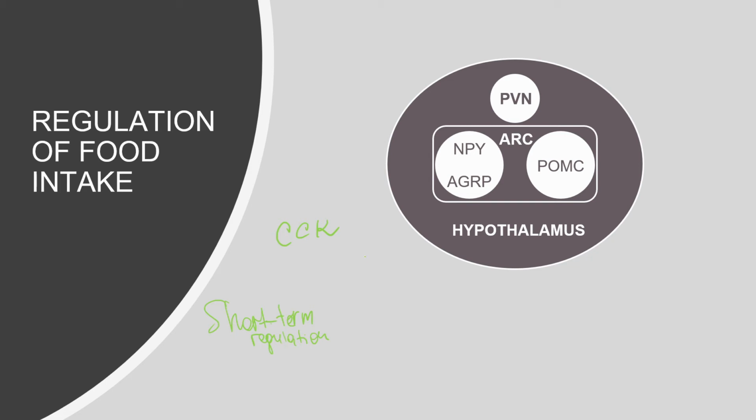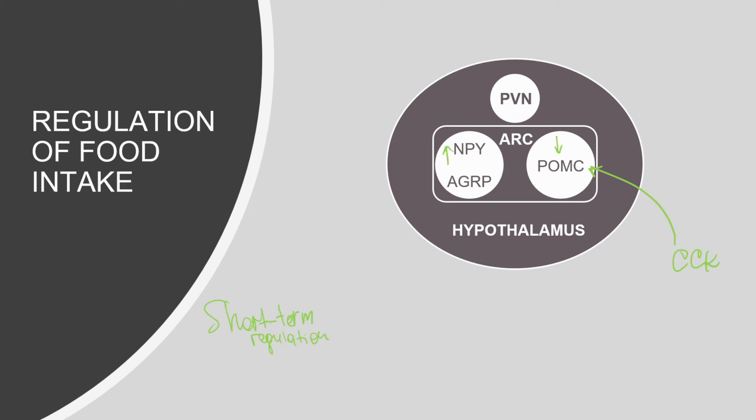CCK actually goes to, let's draw it like that. CCK will come here and stimulate this part of the arcuate nucleus, which lowers the appetite.